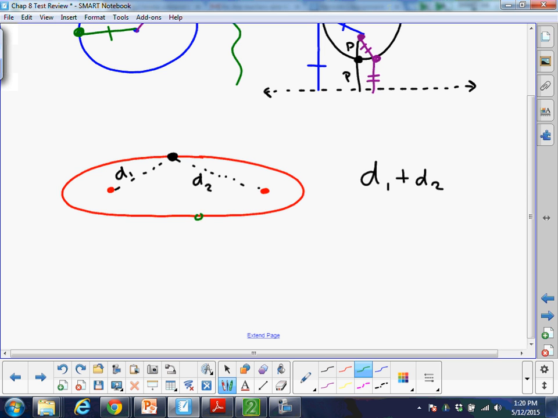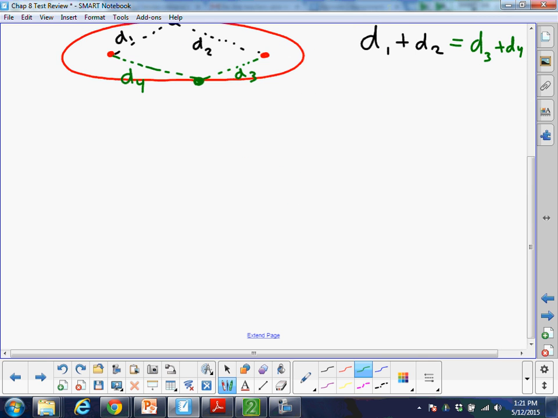So for instance, if I have a point here and I call those d3 and d4, we're going to have the exact same sum all the way around the ellipse. So that shows the geometric definition.